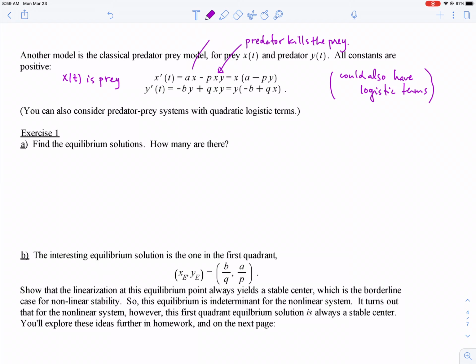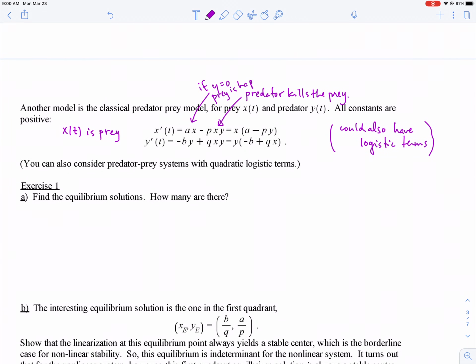Okay. If y is 0, the prey is happy and grows exponentially. And y of t is the predator.